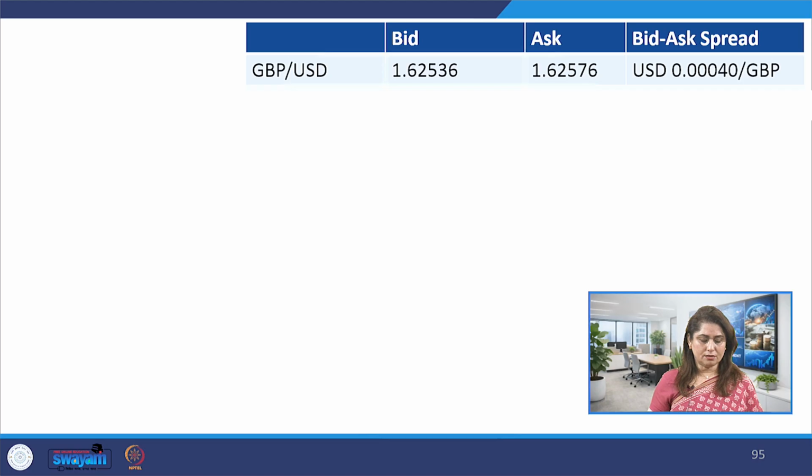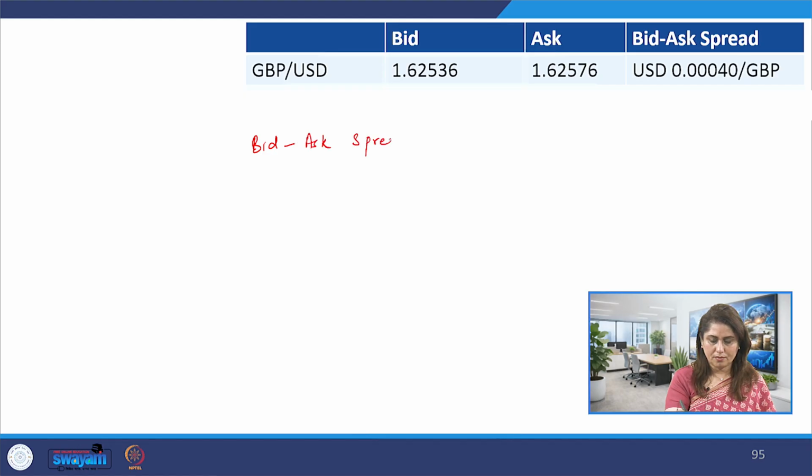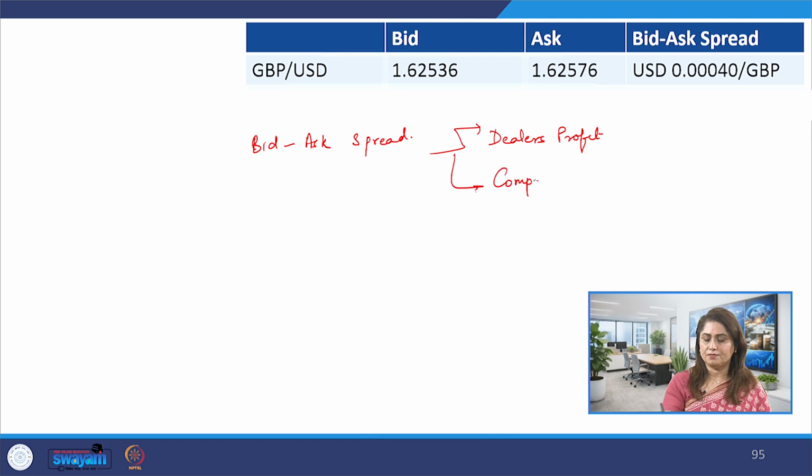Now here let's calculate the bid ask spread. In the bid ask rate there are two things: one is the dealer's profit and the other is the company's cost.